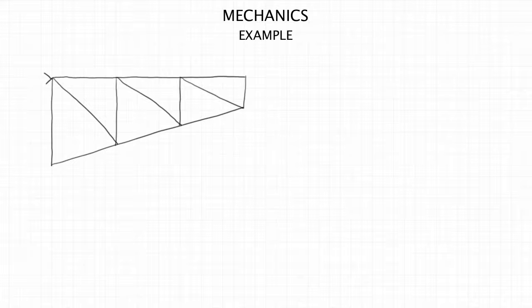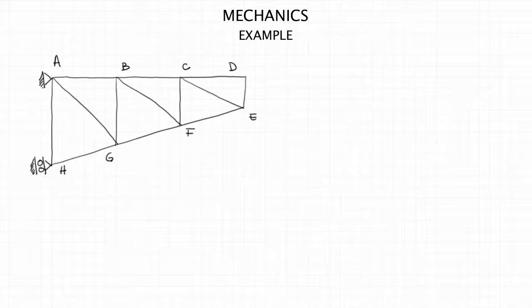And then this truss is supported by a pin and by a roller at its left end. And the joints are labeled A, B, C, D, E, F, G, and H. The panel dimensions for the truss are 2.4 meters each.